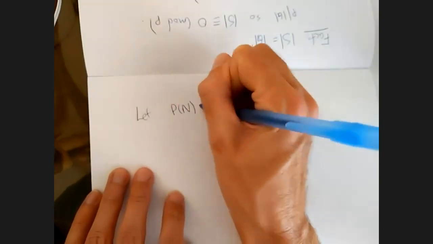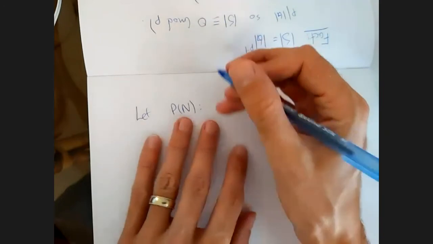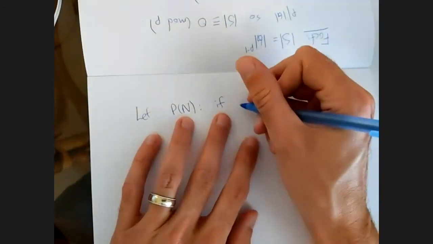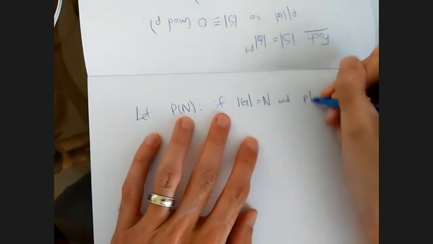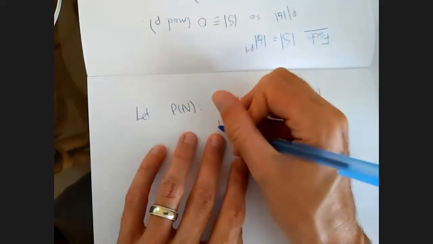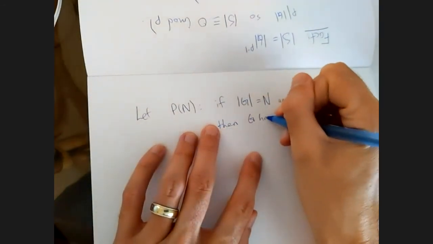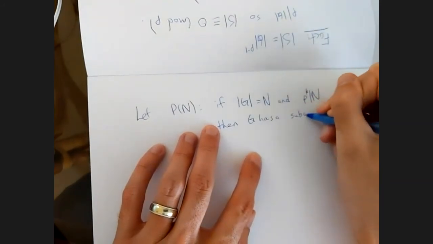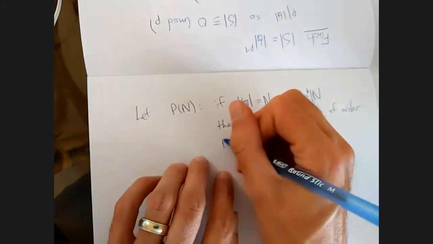P of n is a statement that if G has order n and p divides n, and p to the k divides n, then G has a subgroup of order p to the k.